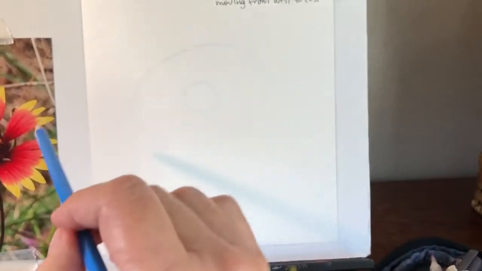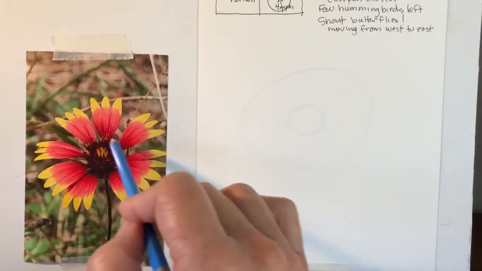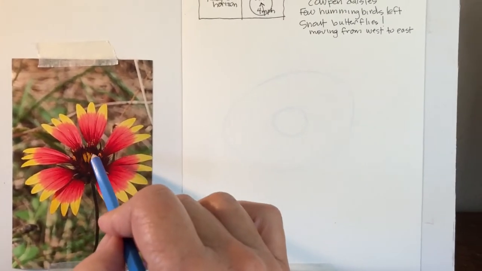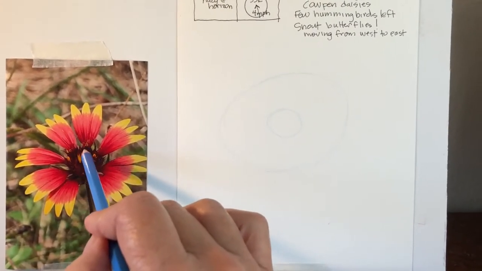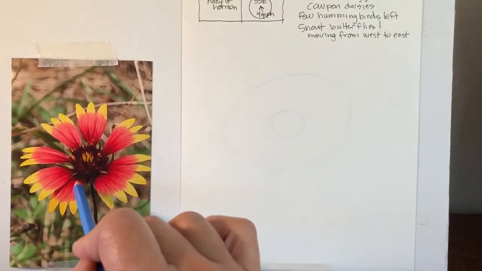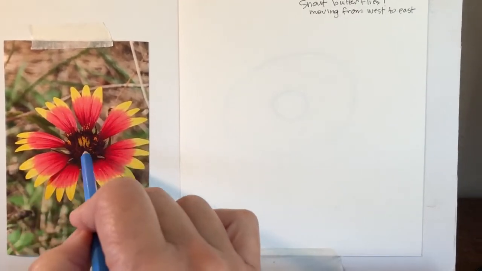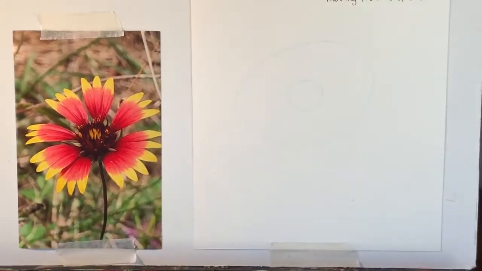Okay, so now I'm going to start looking at individual ray flowers of this, and I'm going to look at them as how they are attached and where they're attached, and what kind of angles they come off at. So I'm going to look at it and compare it to a clock. That makes it very simple.